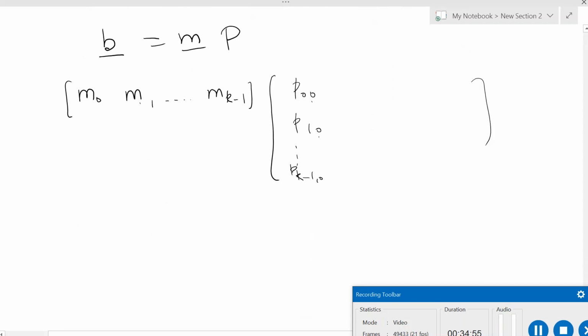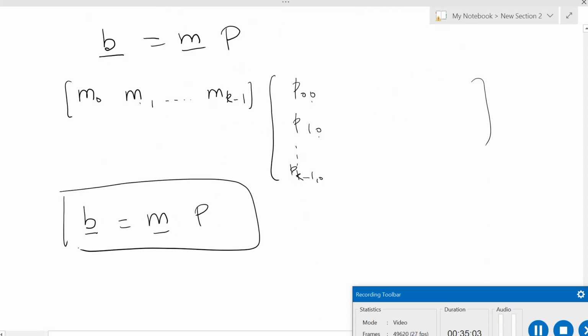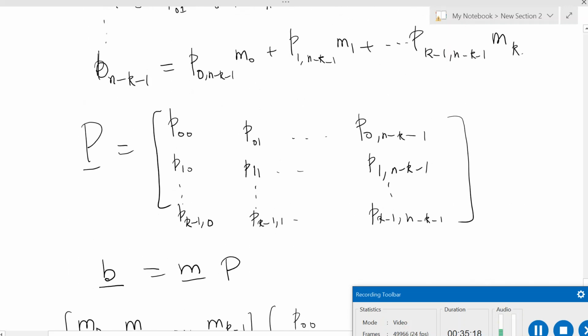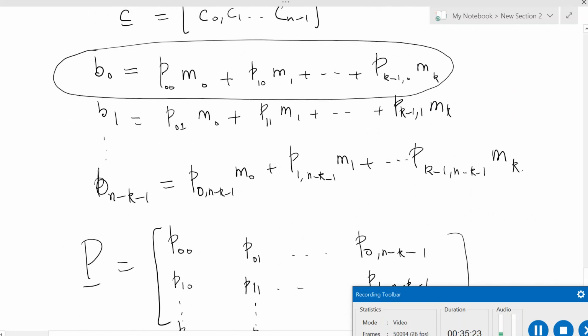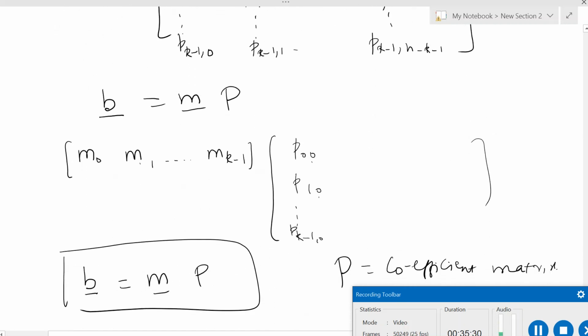Okay, so b is equal to m times p, right? where this P is called coefficient matrix. These are the coefficients which will decide whether the coefficient is 1 or 0. That will decide which message bit I should add up together to get a parity bit, right?